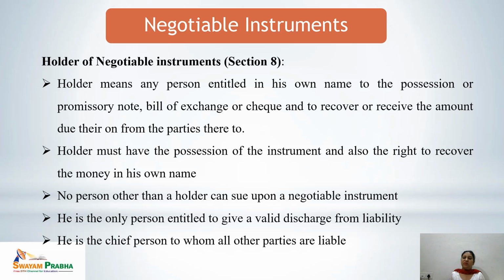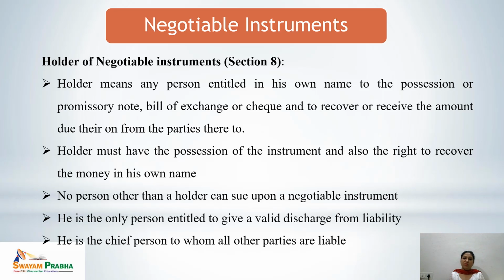And no other person than a holder can sue upon a negotiable instrument. That means in case of default, if the other party does not pay, then the holder can sue for recovery of the amount mentioned in the negotiable instrument in his own name. And he can give a valid discharge from the liability.